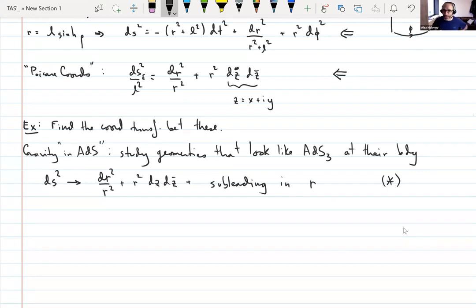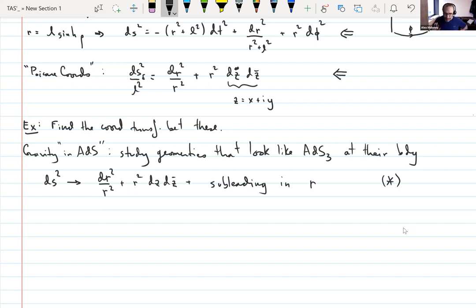Namely, those terms that are subleading in r will fall off as r goes to infinity, okay? So in particular, there'll be things that are, for example, order 1 as r goes to infinity for the z and z bar components of the metric. And if you do the analysis in more detail for the other components, for example the dz dr components of the metric, they need to fall off like 1 over r cubed, if I remember correctly.